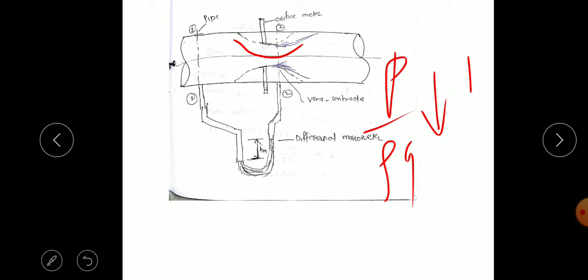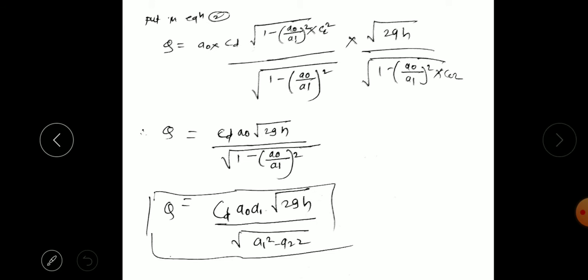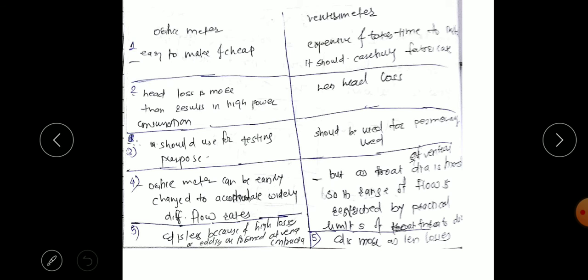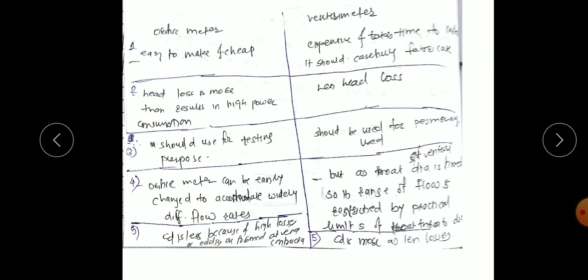So there is a pressure drop, which means some energy of the pump or pressure is lost, so more pump power will be needed. So we can consider that the orifice meter has a head loss. Head loss is more in the orifice meter, which results in high power consumption.